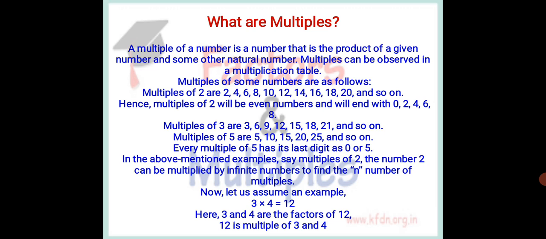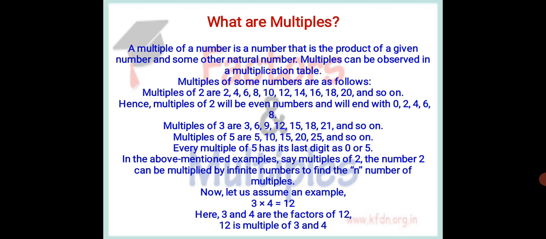Every multiple of 5 has its last digit as 0 or 5. So, look at this example, children: multiples of 5 are 5, 10, 15, 20, 25, 30. From here we can generate the idea that every multiple of 5 has its last digit as 0 or 5.